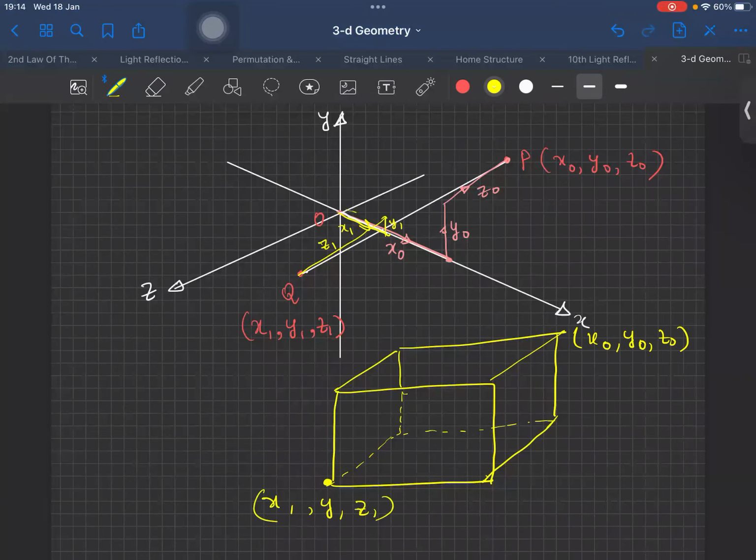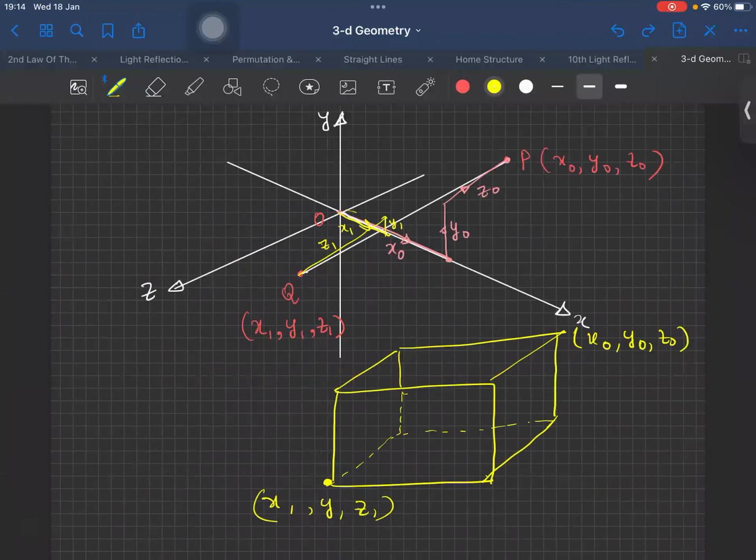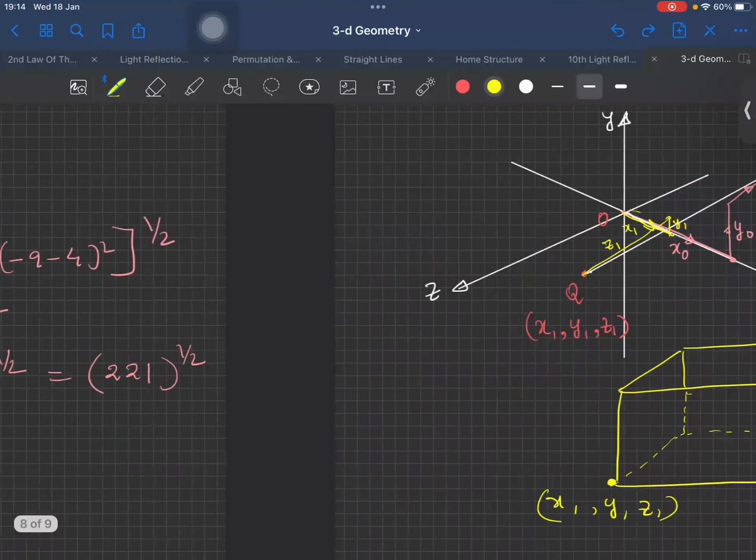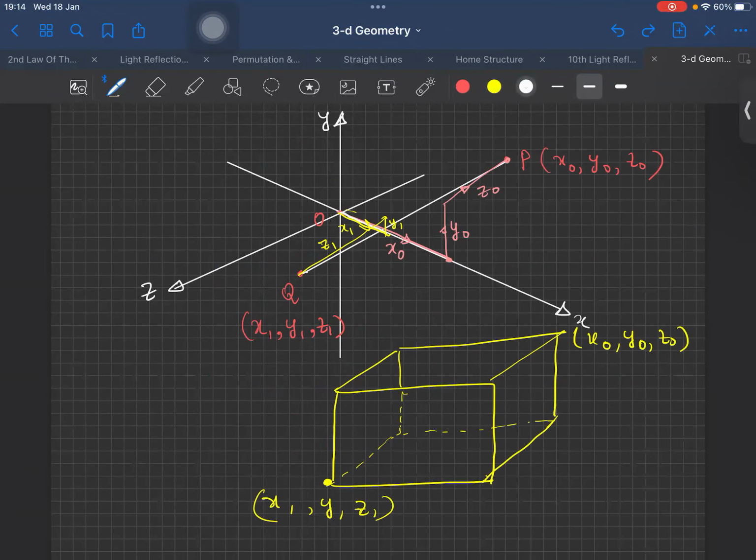These two points are in completely different planes, right? See, this is one plane, and this is one plane. All six sides represent six different planes, not eight: positive x, positive y, positive z, negative x, negative y, and negative z.